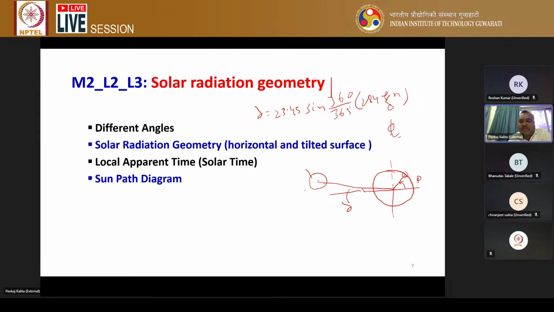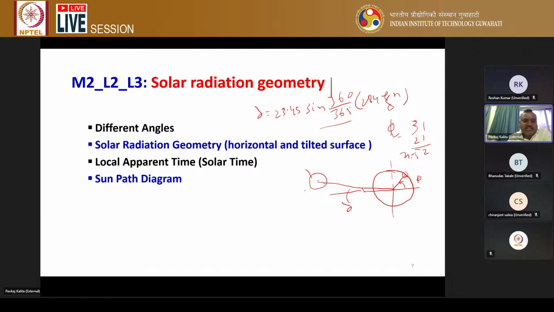If it is, say, February 21, then 31 is the January month, and then it is 21, so we get 52. So n will be 52. If we substitute the value of n here and other things are known, we can find out delta. So these angles, how to find them, have been elaborated.